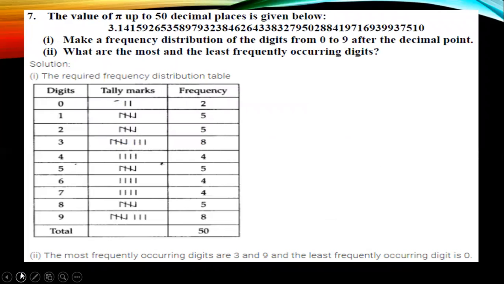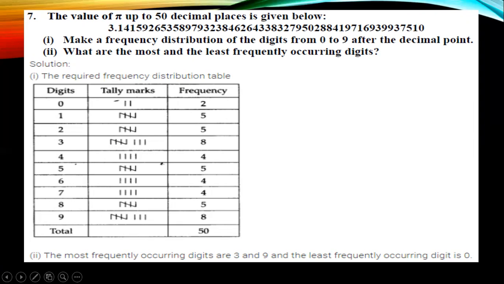Now, question number 7 says, the value of pi up to 50 decimal places is given below. So, the value of pi is given as 3.14159265358979 and so on up till 50 decimal places.